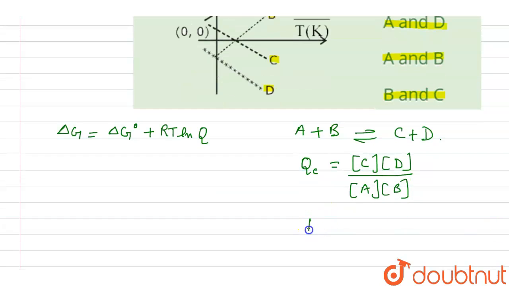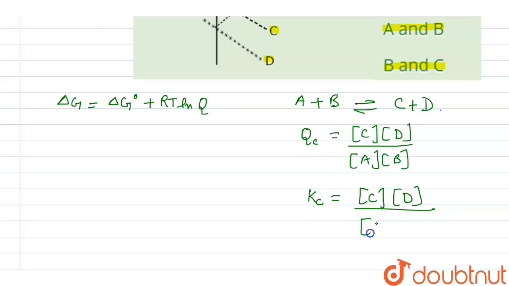Also this we see for Kc. So Kc is the equilibrium constant at concentration C, which is also equal to the ratio of products upon the ratio of reactants. So now these values we can see are similar.